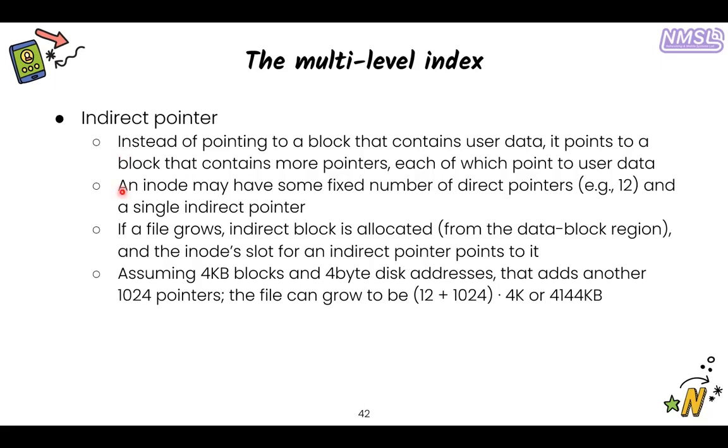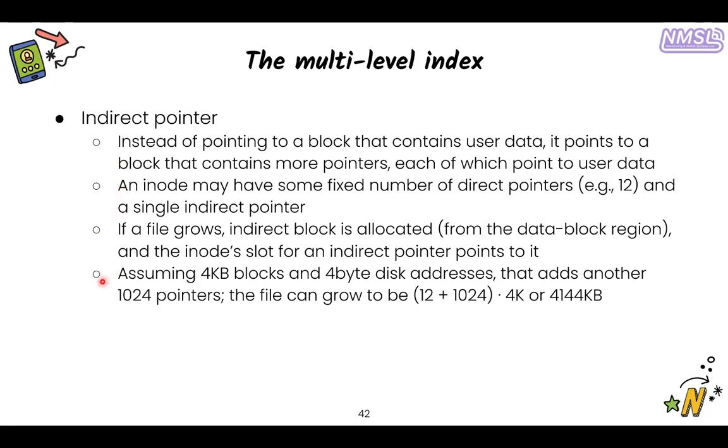Now, an inode may have some fixed number of direct pointers, for example, 12, and a single indirect pointer. And then if a file grows, the indirect block is allocated from the data block region, and the inode slot for the indirect pointer would point to it.